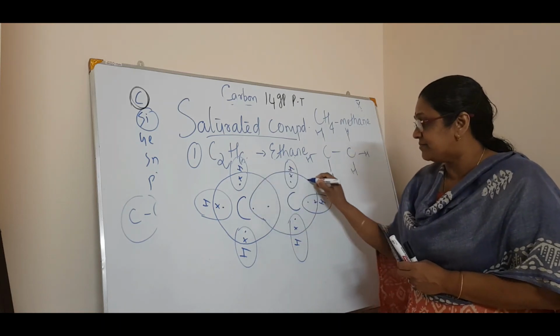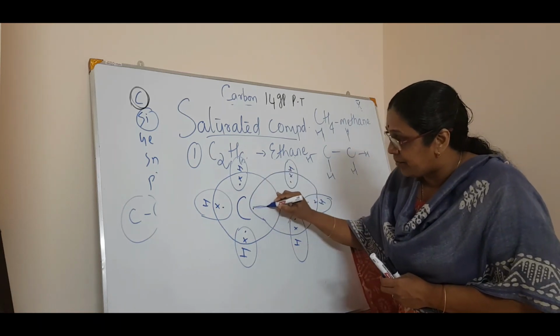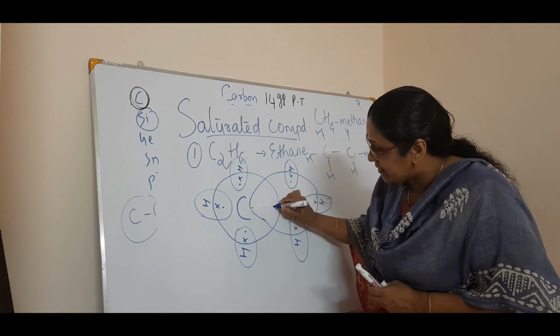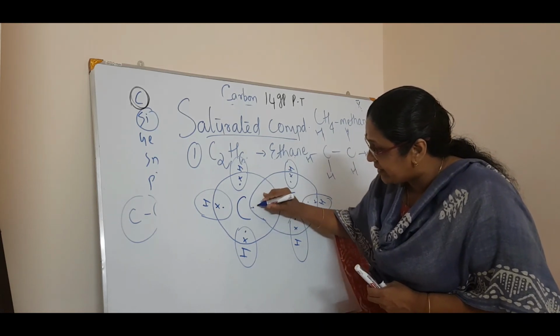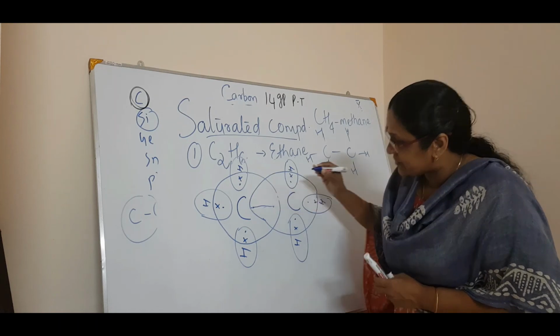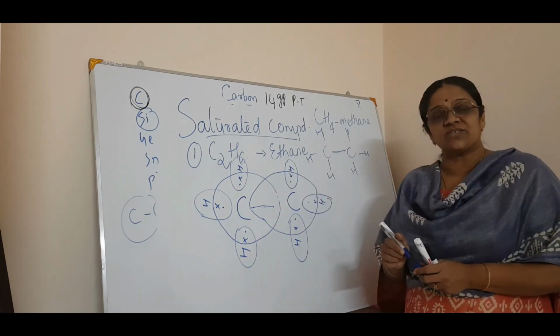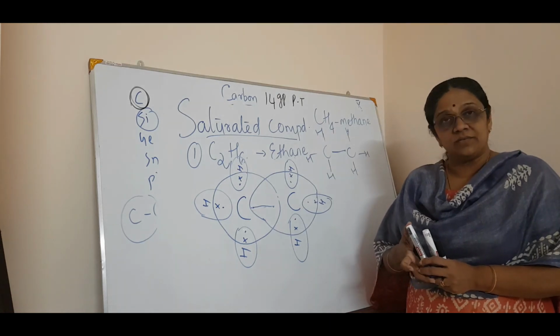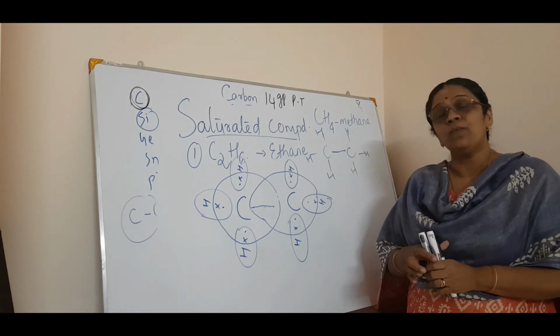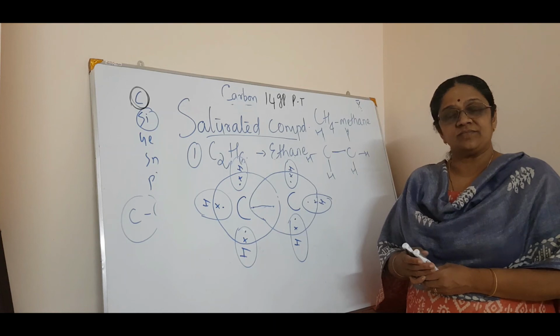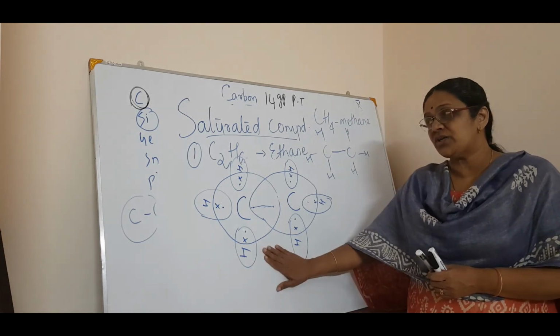See? So here is the covalent bond between these two. Like this. So this is the electron dot structure of ethane, that is C2H6. So hope you understood.